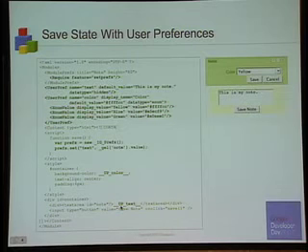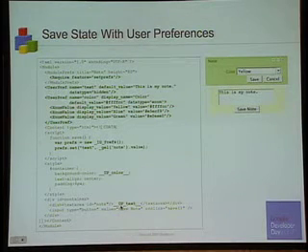At the bottom, you see my HTML. I have a text area here, which corresponds to this text area here, and inside, I have up_text. So when the gadget renders on the page, up_text gets replaced with the value of the user preference with the name of text.